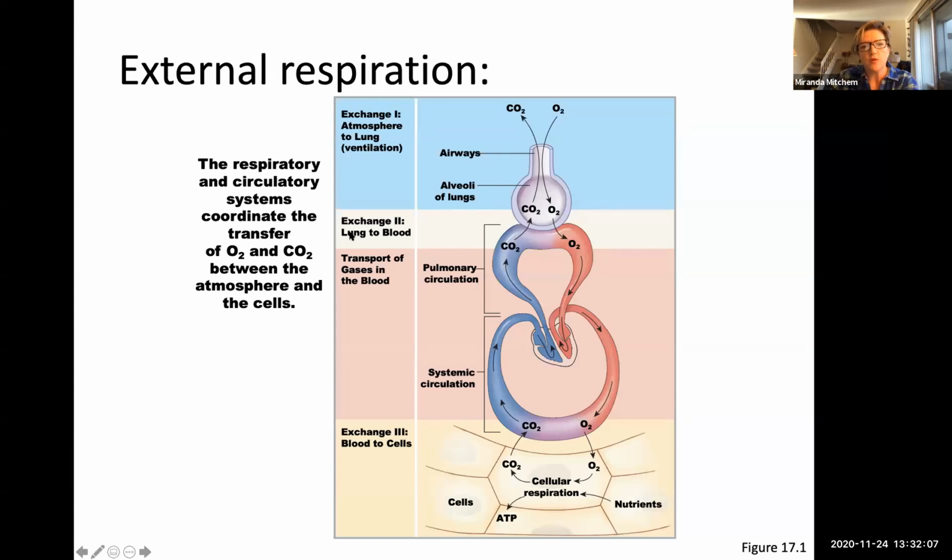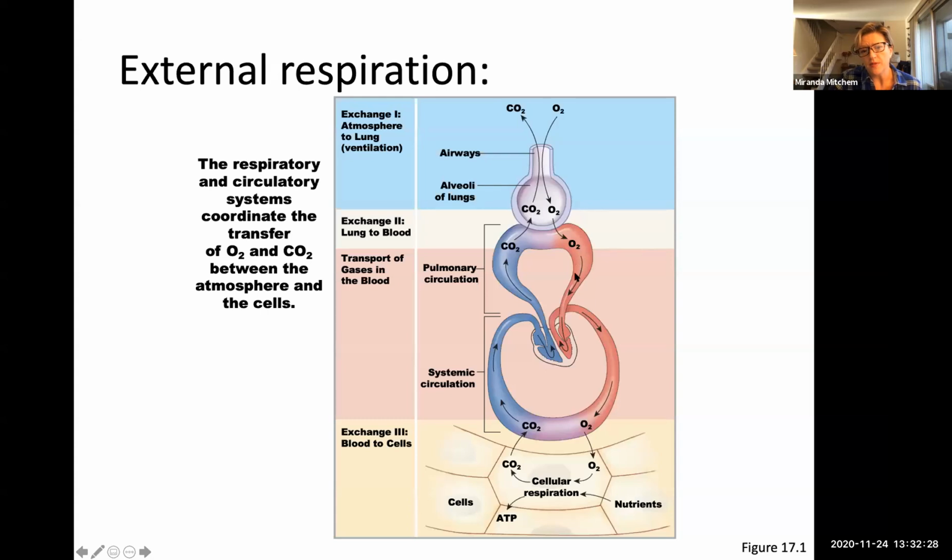Exchange level 2 is from the lung to the blood. So we're seeing the movement of molecular oxygen out of the alveoli sacs through the different barriers between these structures, right? We've got the endothelial layer of the alveolar sac, as well as the endothelial layer of the blood vessel.